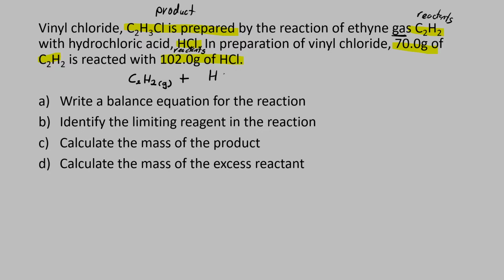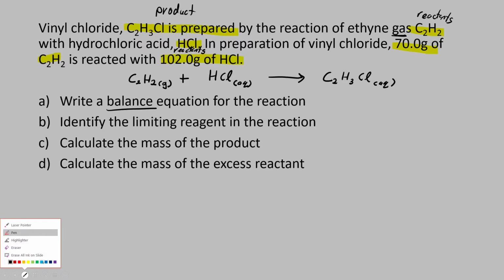For hydrochloric acid, they don't tell us what form it is, gas or solid, so you put aqueous. And we prepare vinyl chloride, C2H3Cl. We don't know its form, so we put aqueous. If you don't know, you put aqueous. It's a safe bet. But they want a balanced equation, so let's balance it first.